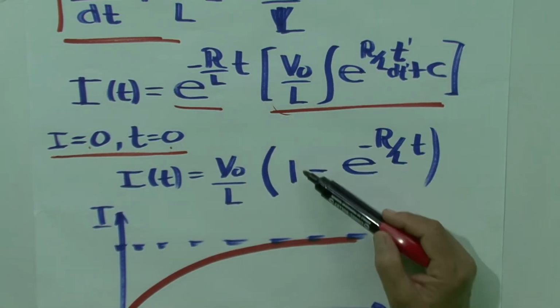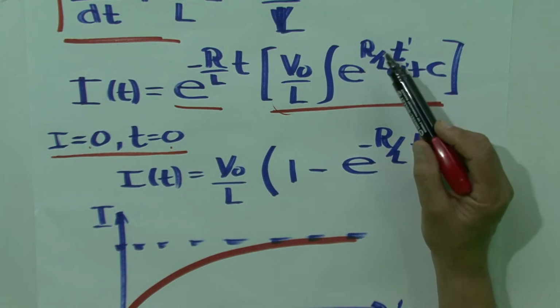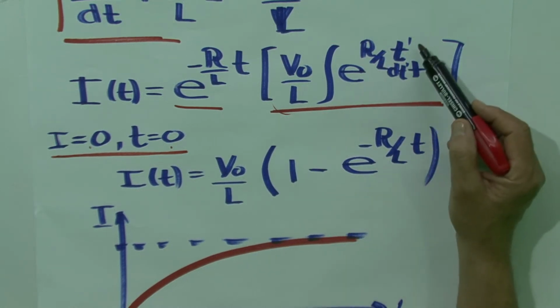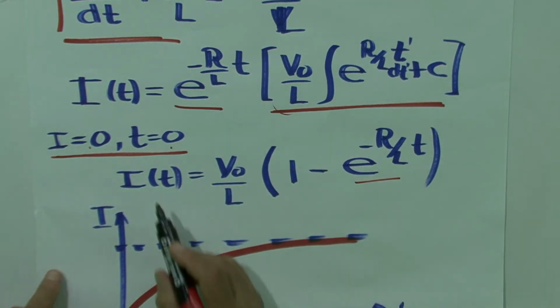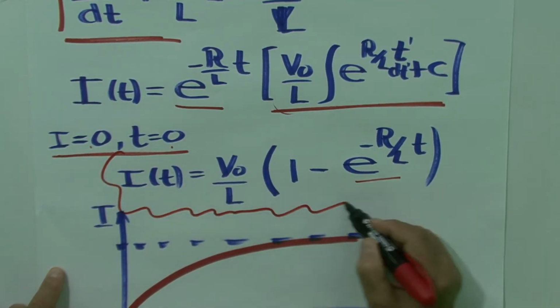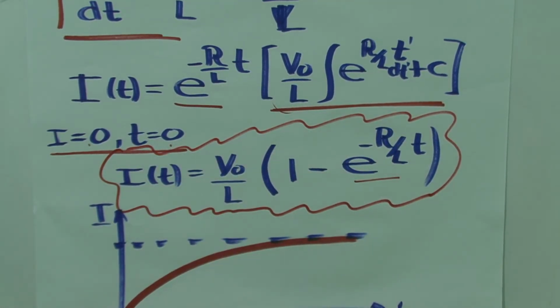And this will cancel, so it gives you 1 minus the same R over L, it's 0, it gives you 1, but then comes this minus 1. And then you get the famous solution of the circuit, the resistance with an inductor circuit.